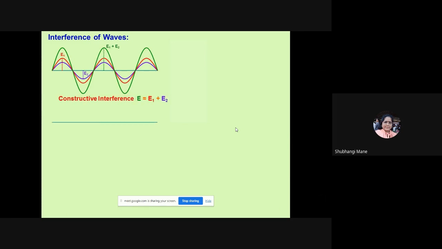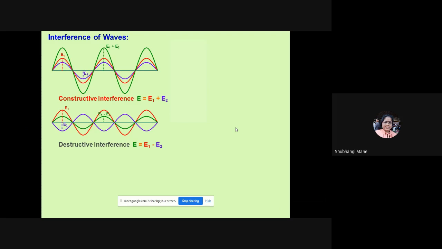So it follows constructive interference. What about the intensity? As per the superposition theorem, the total E equals E1 plus E2. And for destructive interference, E equals E1 minus E2. Here, we are assuming that E1 and E2 are the superimposing waves having intensities E1 and E2 respectively.